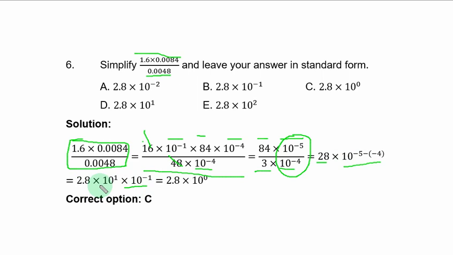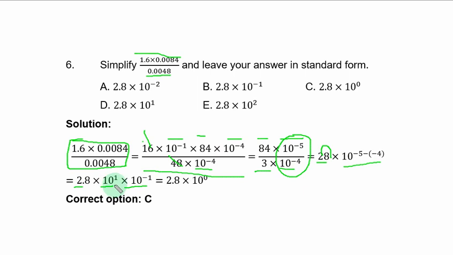Now, in standard form, the point is always placed after the first non-zero number from the left, that is 2. So you have to move the point backward from where it is, although it is invisible, to this point. When the point is being moved, you multiply by 10.